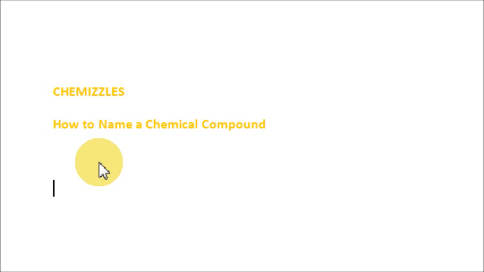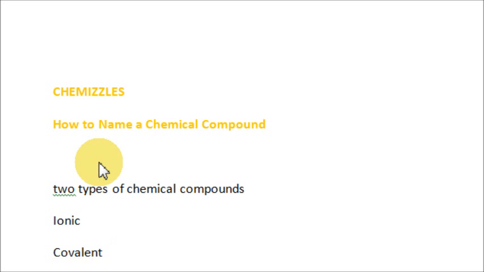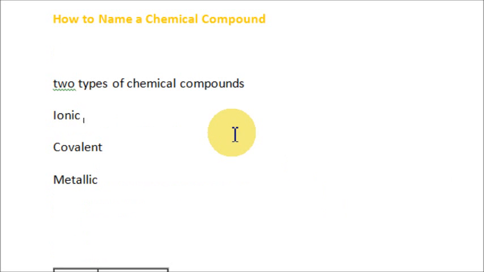How to name a chemical compound. To start, there are technically three types of chemical compounds, but we're going to focus on two. I'll tell you all three: ionic, covalent, and metallic. Ionic is between a metal and a non-metal.